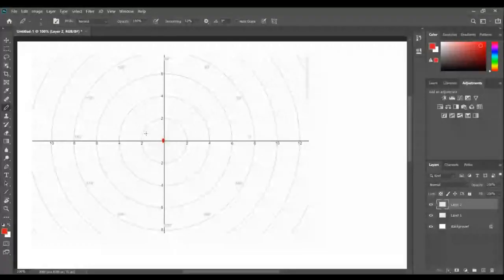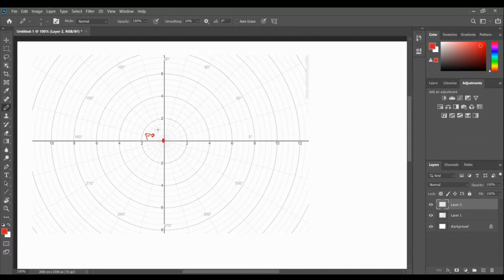So now I'm going to switch over to Photoshop where I have a screenshot of Desmos, and I'm going to talk a little about what we've got here. Rather than calling this the origin, we're calling that the pole. And rather than call this the x-axis, we call this the polar axis.